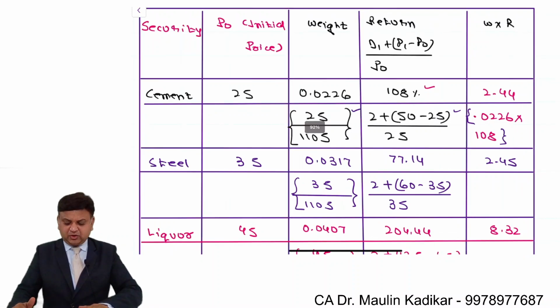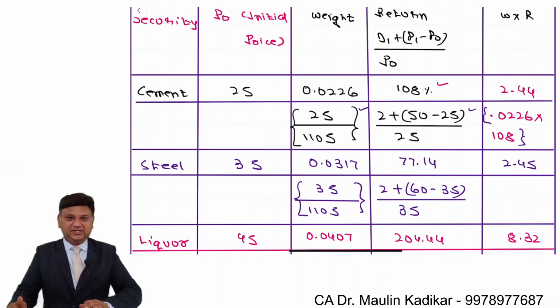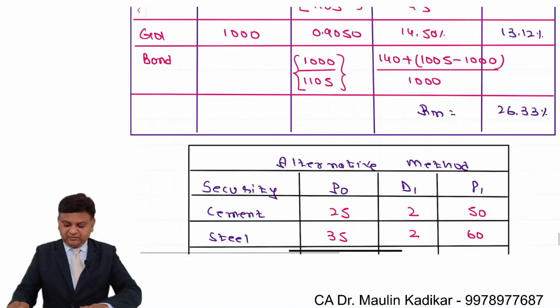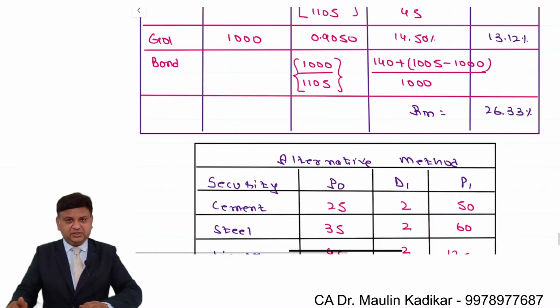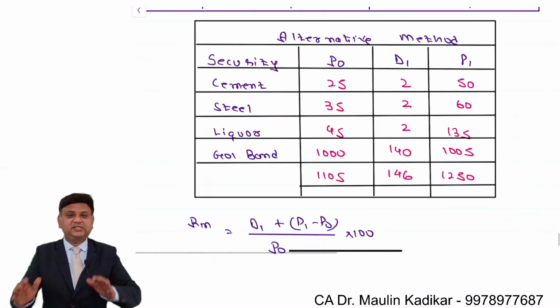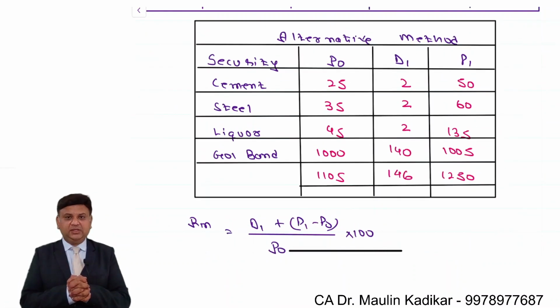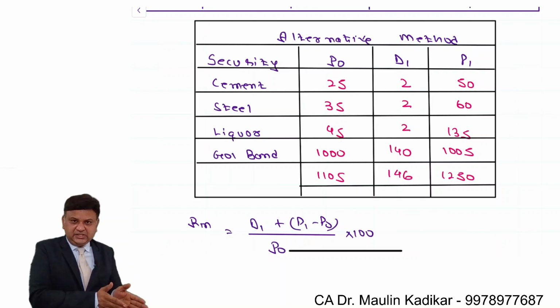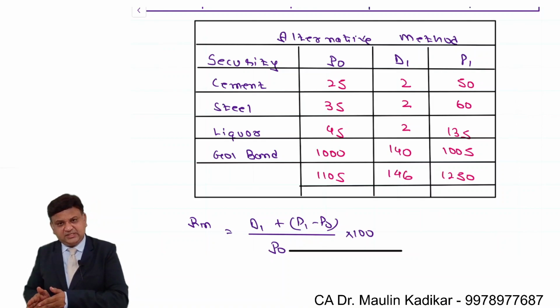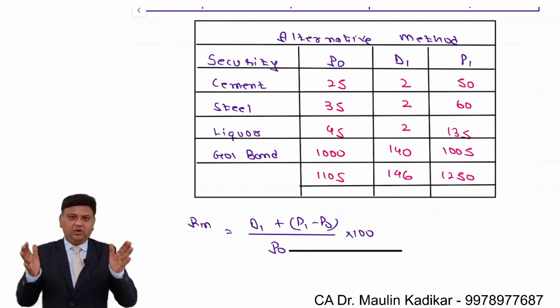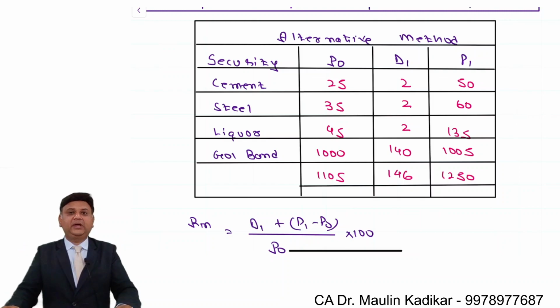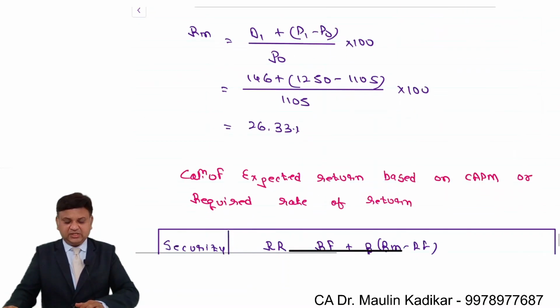This is a detailed and conceptual method by which we can compute the answer. So the return of the market portfolio is 26.33%. Now this entire answer can be done by an alternative method, in which initial price, year-end price and dividend, taking all of them together, you can compute RM, which is 26.33%.